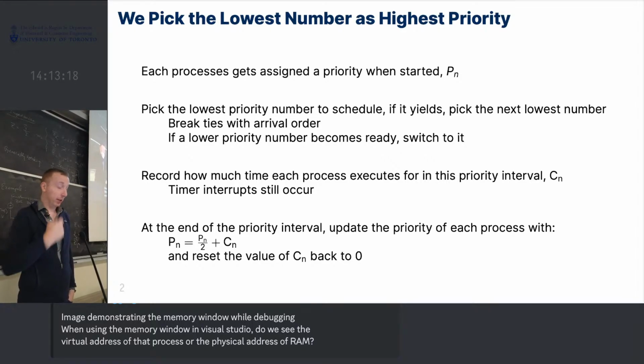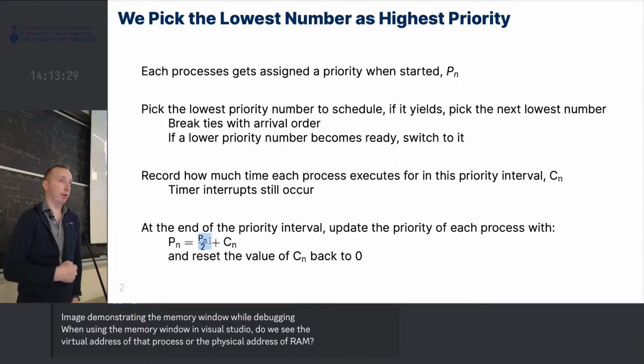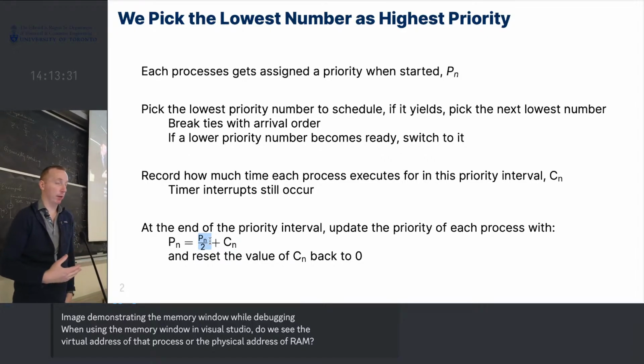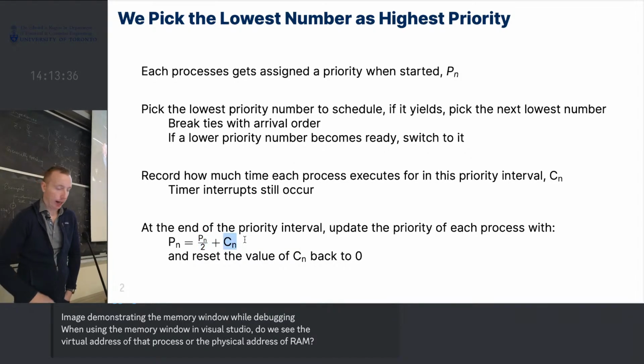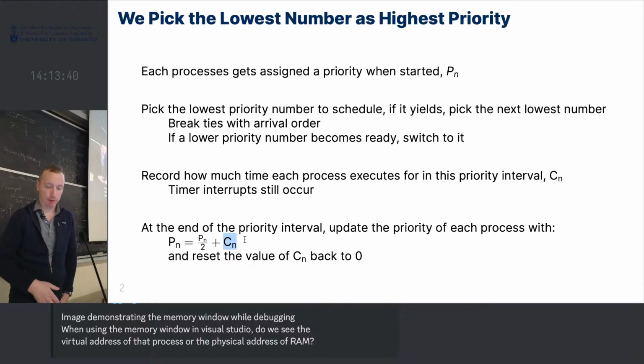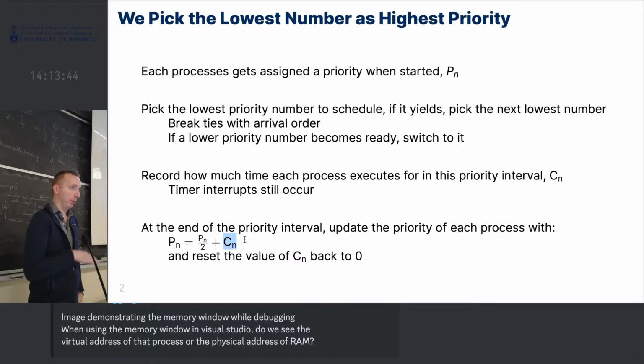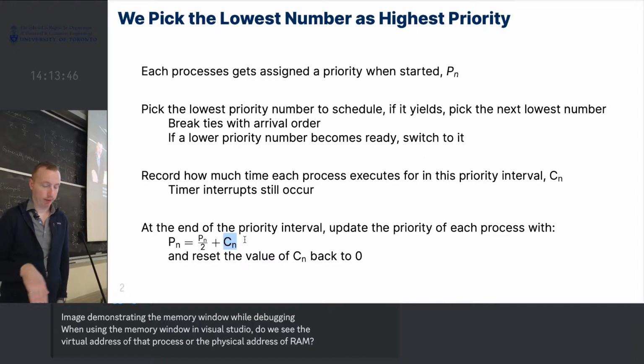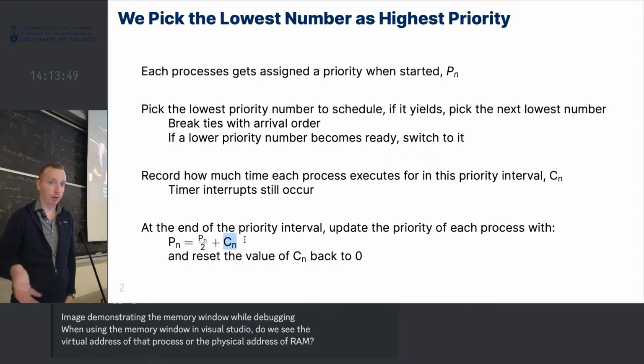Whenever we recalculate priorities, we calculate the new priority Pn as the last priority divided by 2, so it gets smaller and smaller over time. Then we add how much time it actually used on the CPU in this time interval. After we do that accounting, we reset every process's CPU usage back to 0.